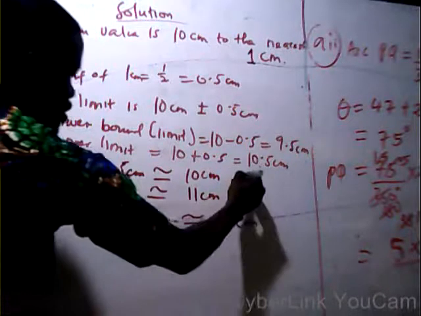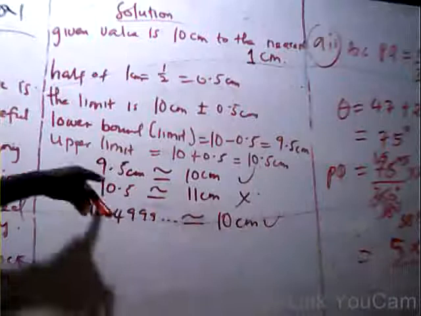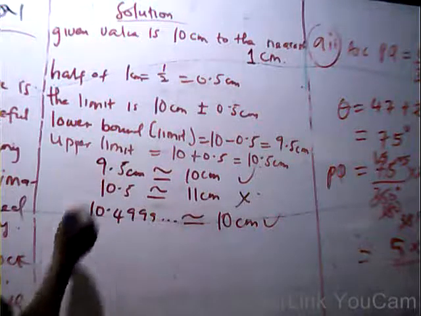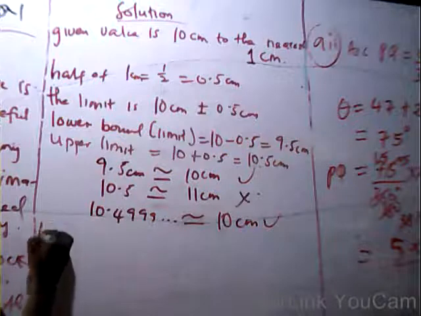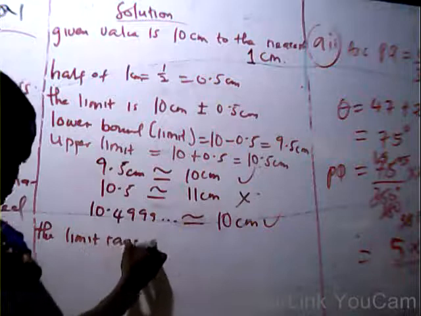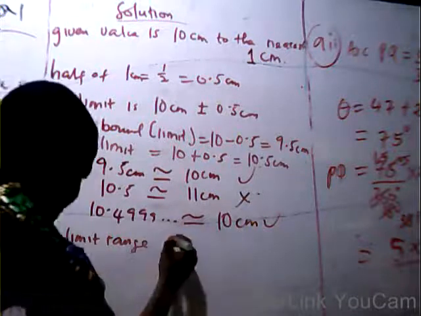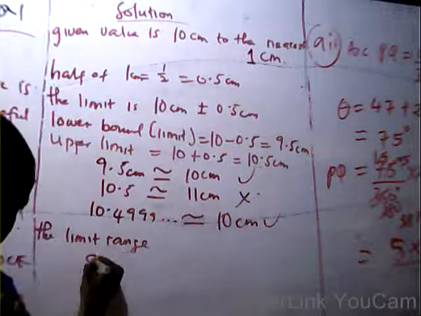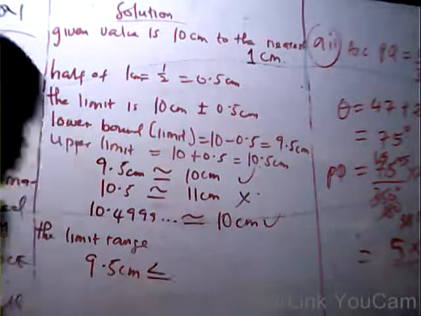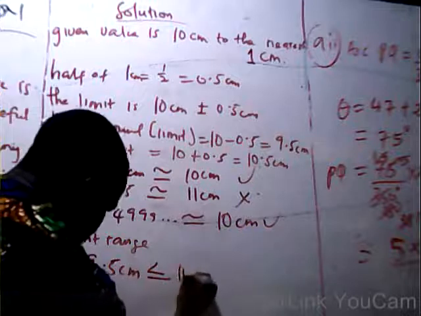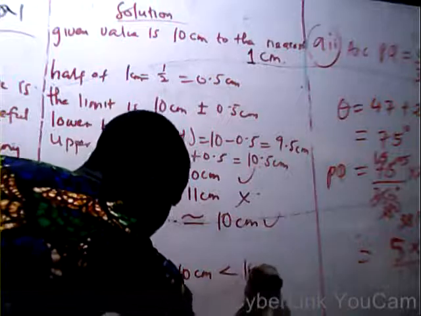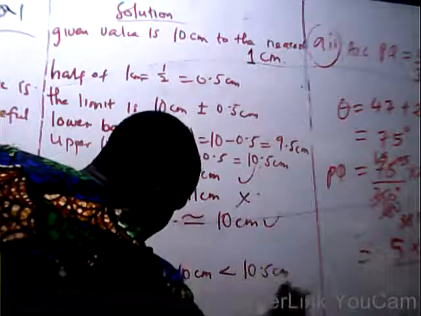The value may be this, and it may also be that one. So the limit range will now be 9.5 centimeter less than or equal to 10 centimeter, but less than 10.5 centimeter.